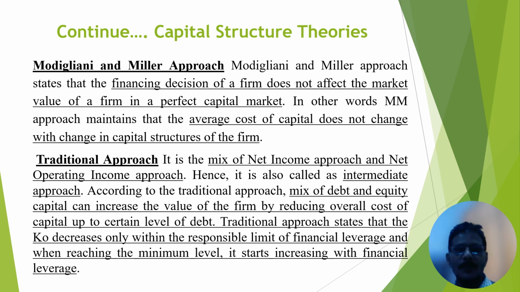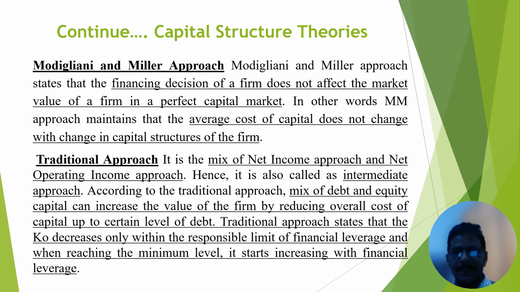Here we assume that under a perfect capital market, the financial decision of a firm does not affect its market value. In other words, this approach maintains that the average cost of capital does not change with changes in the capital structure of the firm. This is all about the Modigliani-Miller approach.